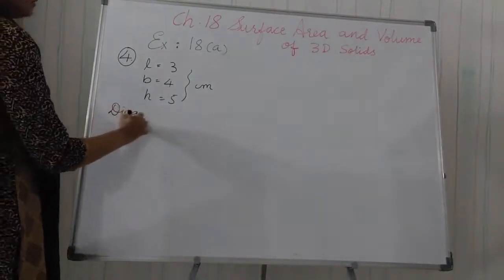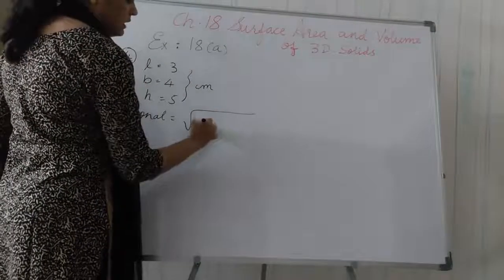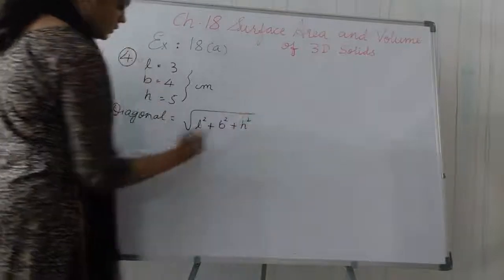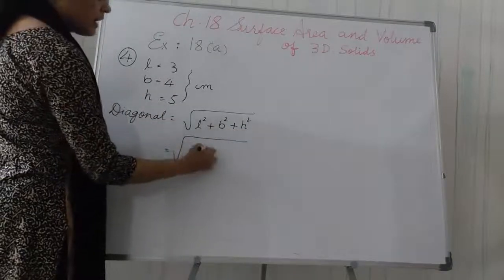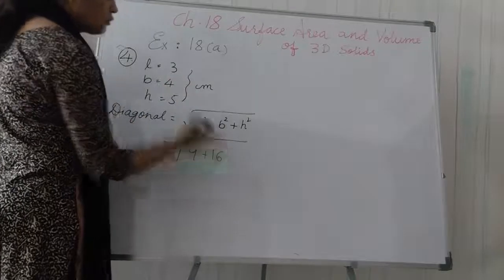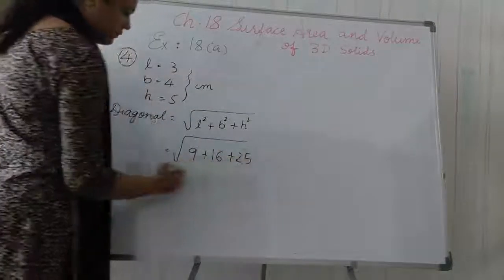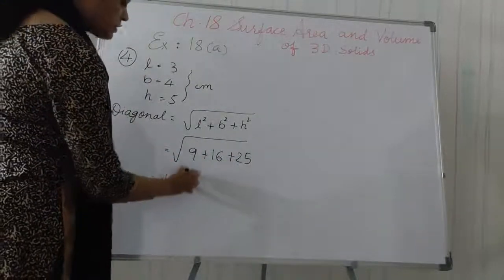So the diagonal formula is square root of L square plus B square plus H square. So here L square, that is 9. Directly I am writing as they are very easy. This is 4 4s are 16 and this is 5 5s are 25. So now taking the sum of all this, it will be square root 50.